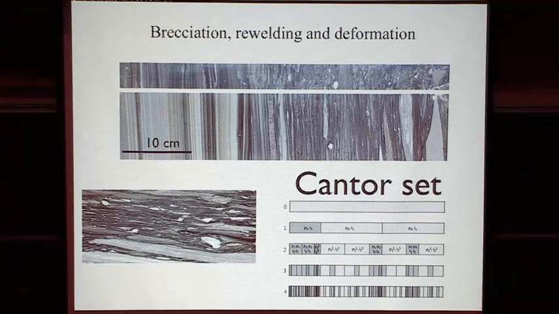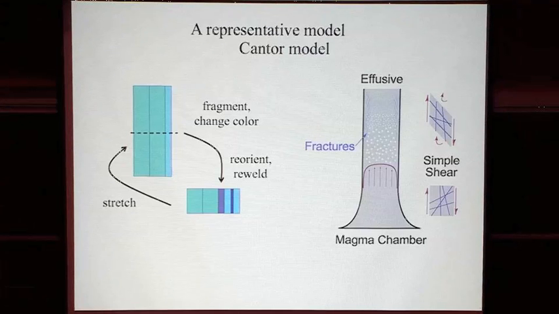It's being stretched, it's breaking. The pieces are jumbled up together, right? Because they're broken up fragments. They stick back together and they get stretched again. Okay. So one way in which we can imagine doing this is to take our magma, we stretch it, we break it up into a bunch of pieces.